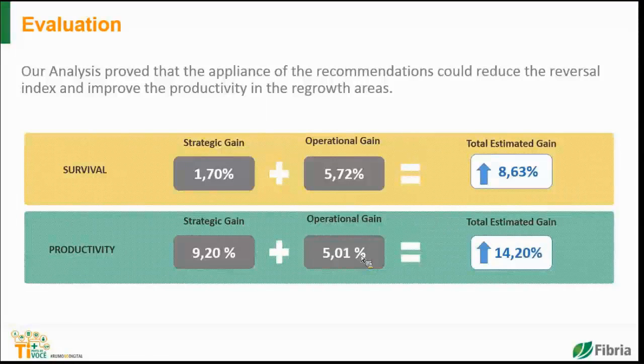Considering the survival, we're going to have a strategic gain of 1.7% and an operational gain of 5.7%, in a total estimated gain of 8.6%. And in productivity, we have a strategic gain of 90% and an operational gain of 5%, generating a total estimated gain of 14.2%.